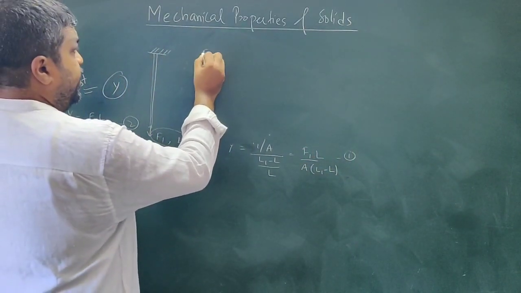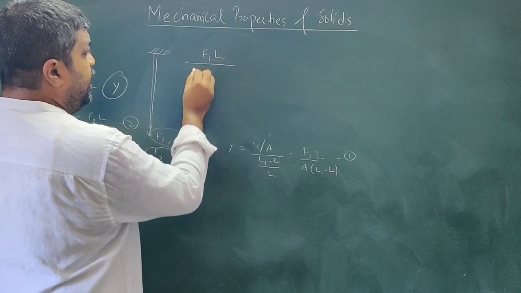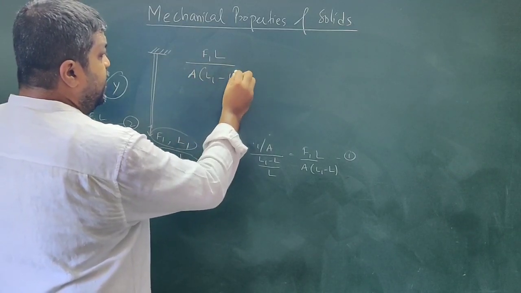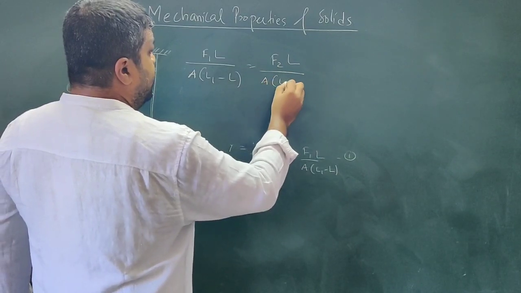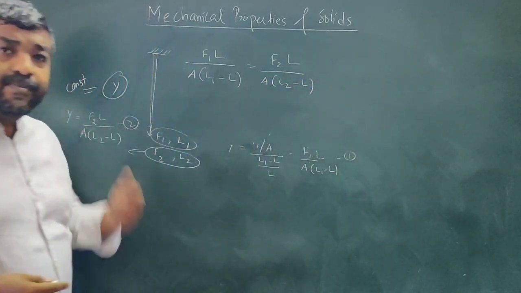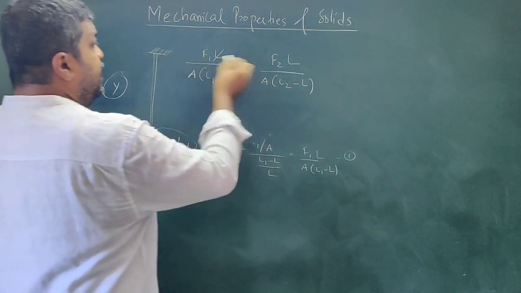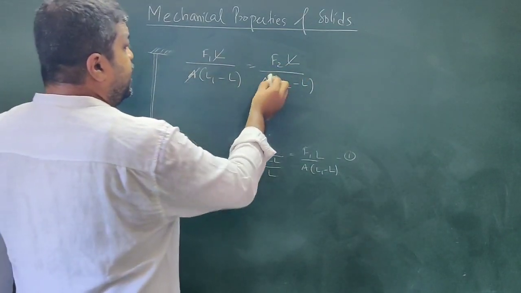If I equate these two equations, I get F1 L divided by A (L1 minus L) is equal to F2 L divided by A (L2 minus L). So this L cancels out, A cancels out.